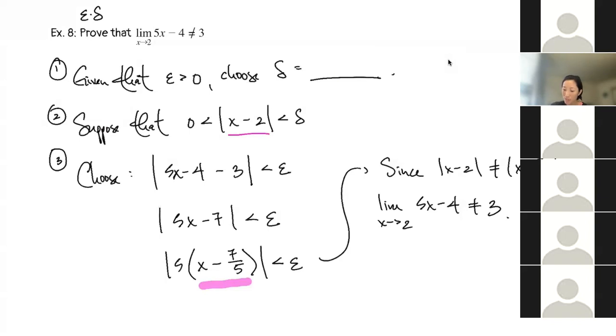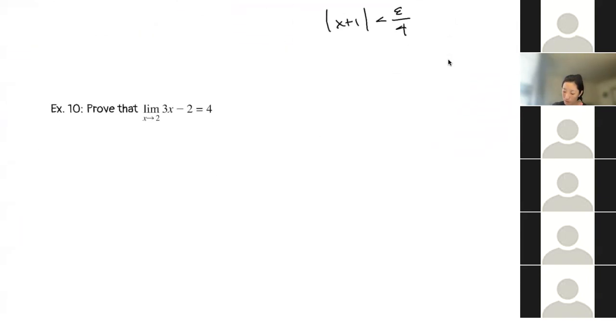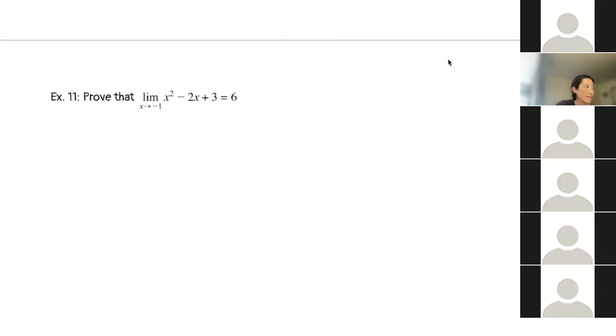So one last thing I just want to show you is, here's another one that should work if you're looking for extra practice. Take a look at this one. Okay. And this one, example 11, I will leave out there as a challenge. All right.